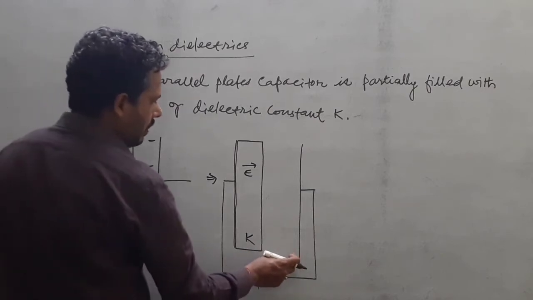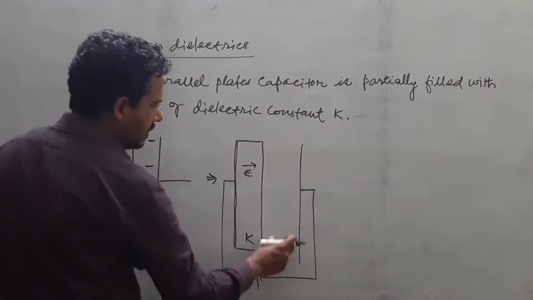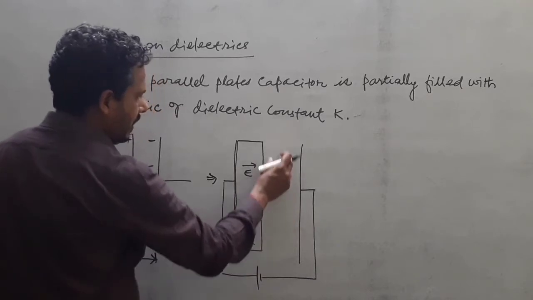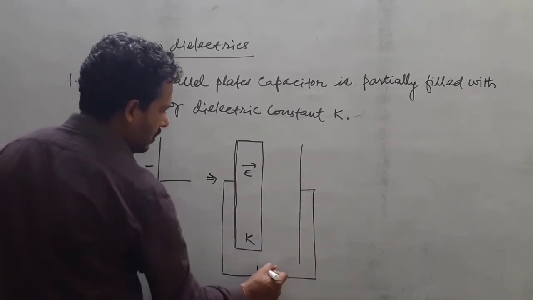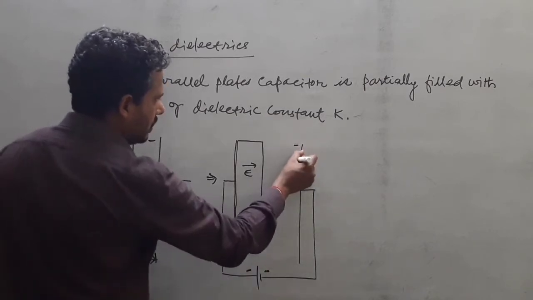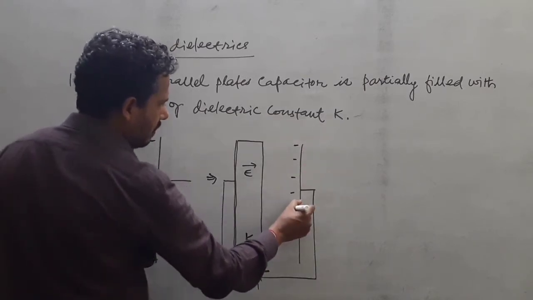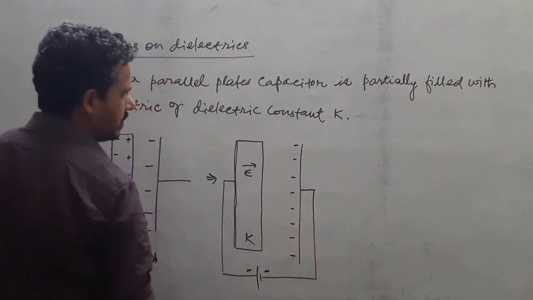Then the rest is just free space, and inside this free space, because this terminal is connected to the negative terminal of the cell, the internal face of this plate would be negatively charged.